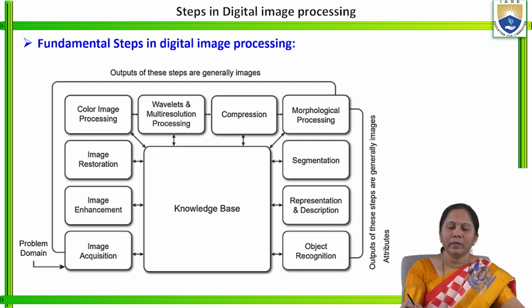Now coming to one important topic, steps in digital image processing. Here are the different steps that the image has to undergo during digital image processing. So what are the different steps here?